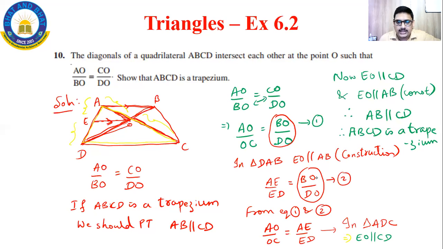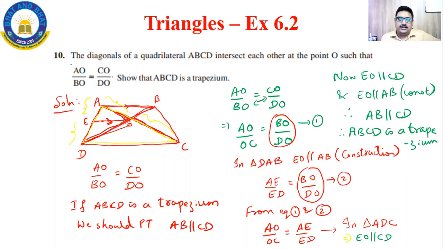BO by DO is common to equations 1 and 2, therefore both LHS must be equal: AO by OC is equal to AE by ED. If that ratio is true in triangle ADC, then EO must be parallel to CD. Since EO is also parallel to AB by construction, CD and AB must be parallel to each other. If AB is parallel to CD, obviously ABCD becomes a trapezium. That will be our conclusion.